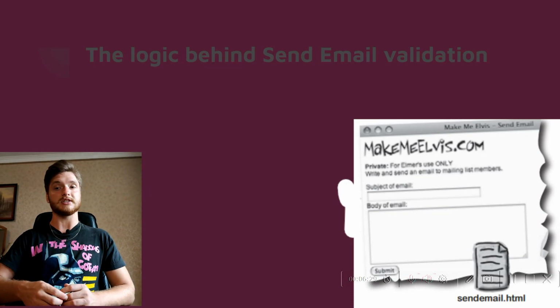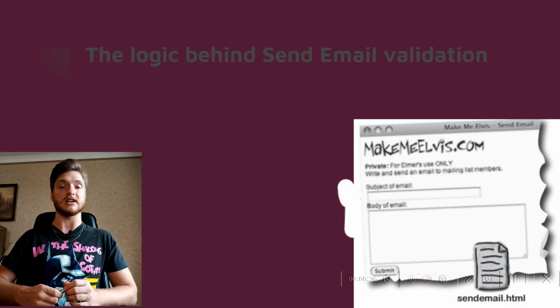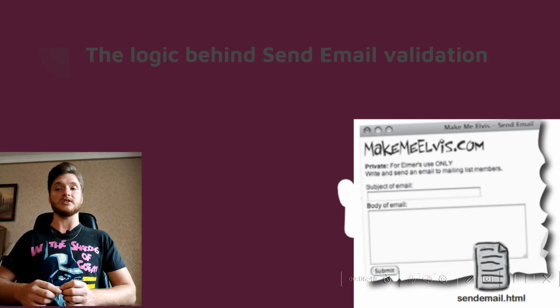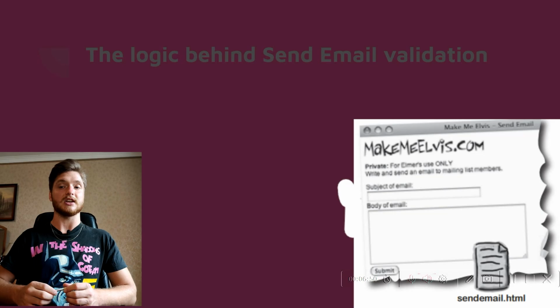We can translate this scenario to PHP code using the if statement, which is designed to handle just this kind of decision making. The basic if statement has three parts. 1. The if keyword that starts off the statement. 2. The test condition. The test condition or conditional expression is located in the parentheses right after the if keyword.